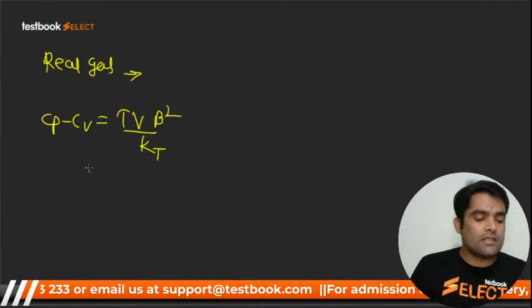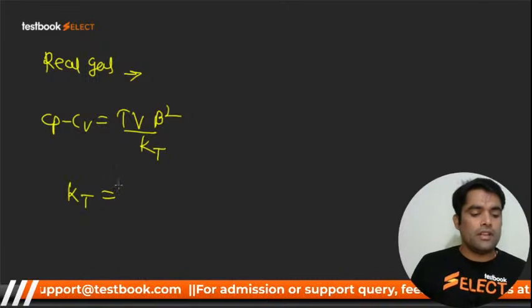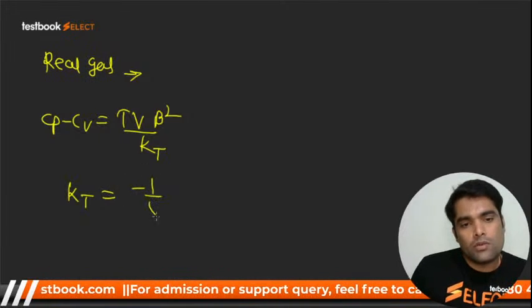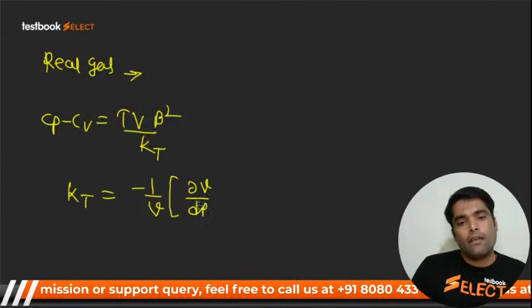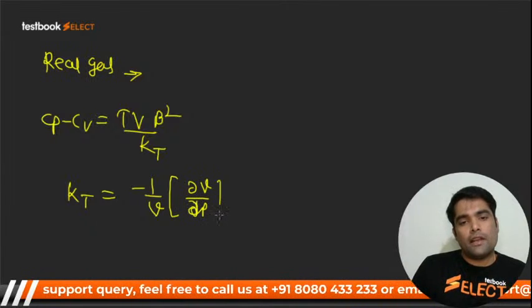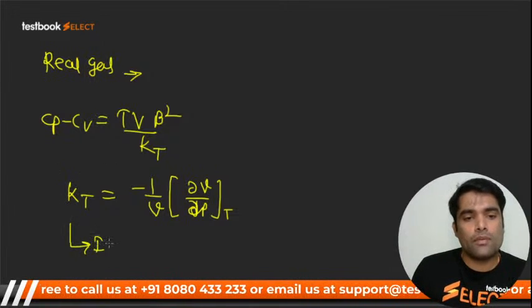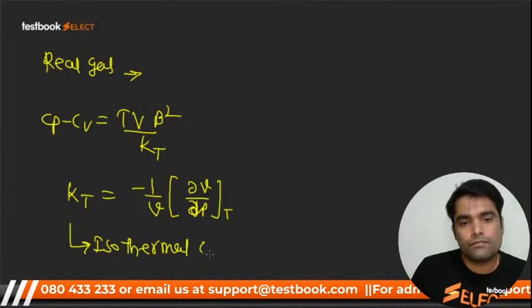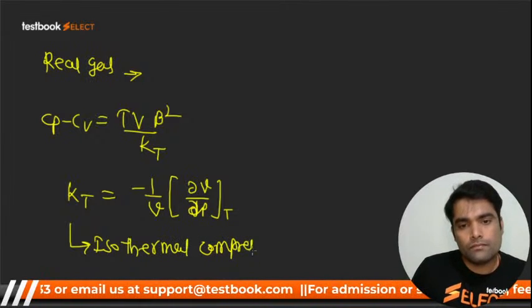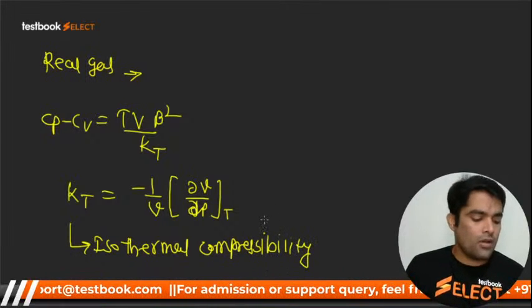Right? Where Kt is the isothermal compressibility, which is equal to minus 1 by V, in bracket, del V by del P at constant temperature, right? I hope you got it.